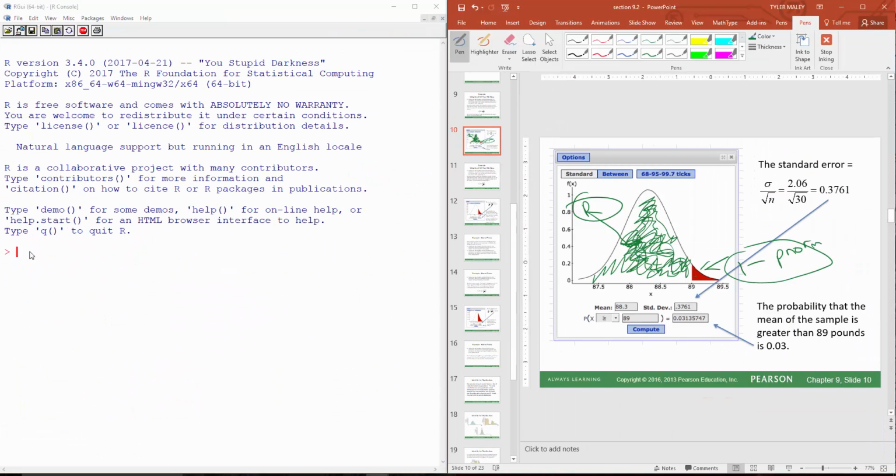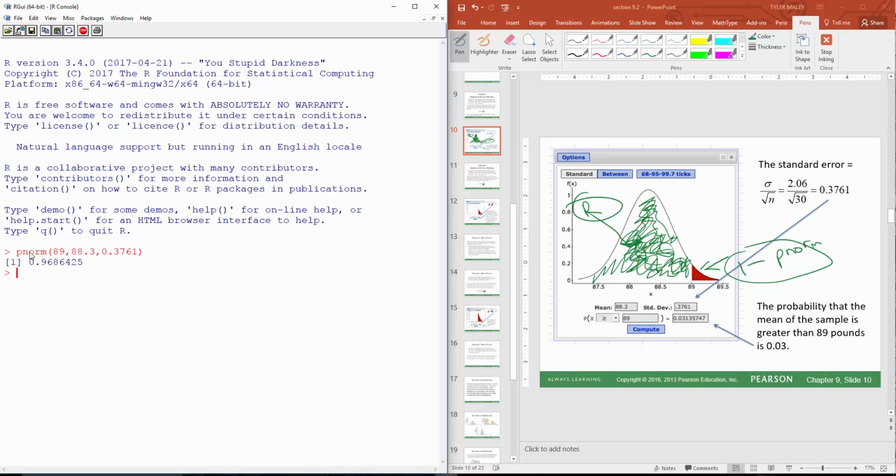Let's type this in. So we can do pnorm, and then I'll type in the x value, 89, comma, and then the mean, which is 88.3, and then comma and the standard deviation, 0.3761.